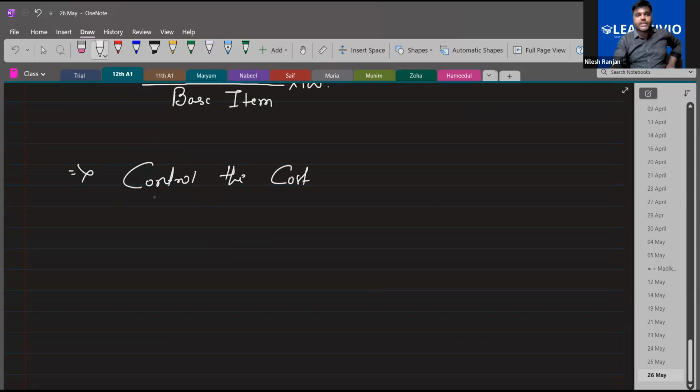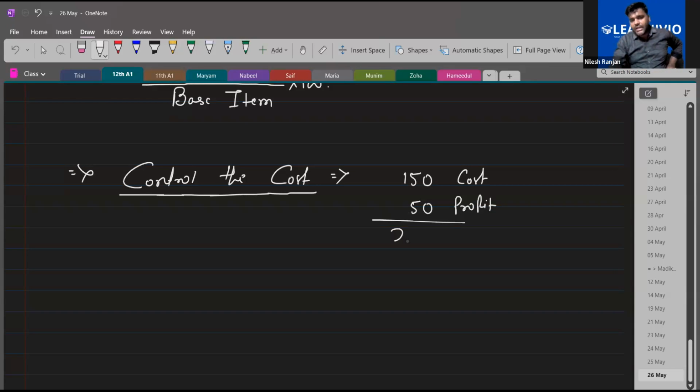Because cost controlling is very important. Cost cutting, you can say, is very important in a competitive market. Let's say your cost of one product is 150 rupees and you want to earn 50 rupees profit. So you will sell your product at 200. This is a normal situation where there is no tough competition.